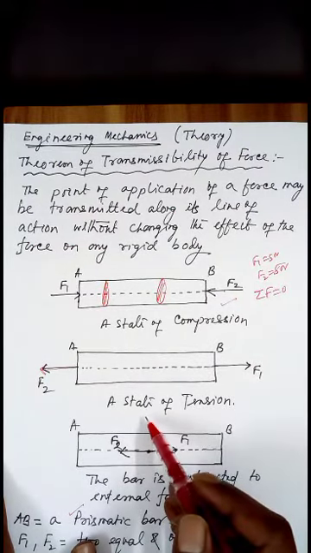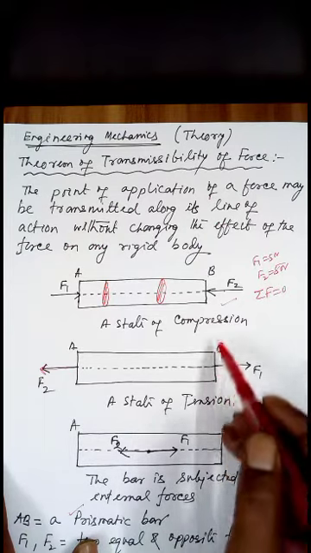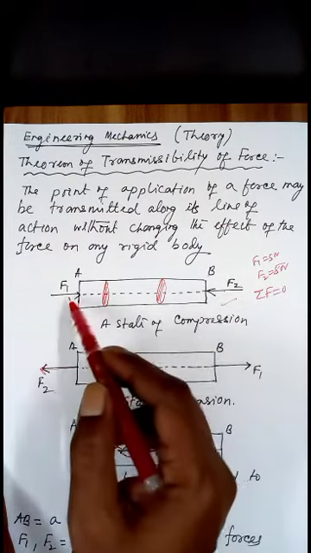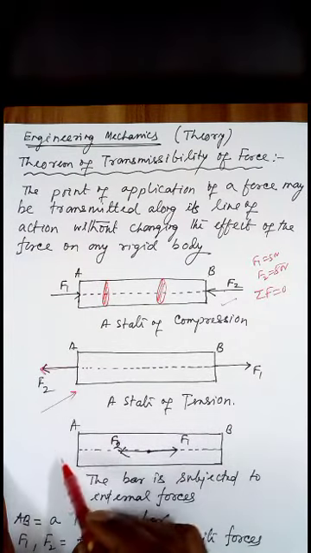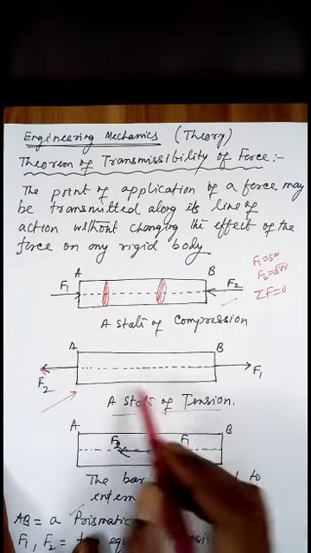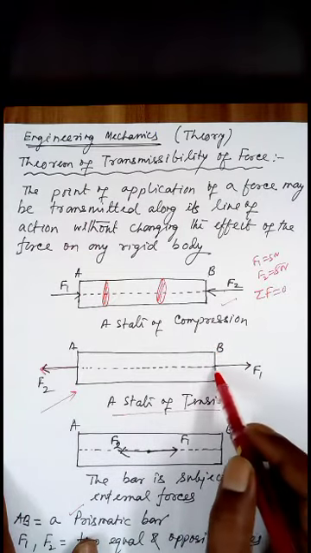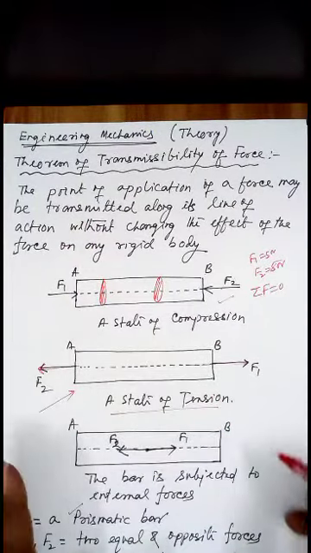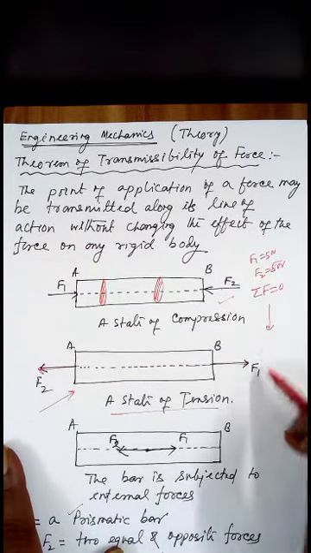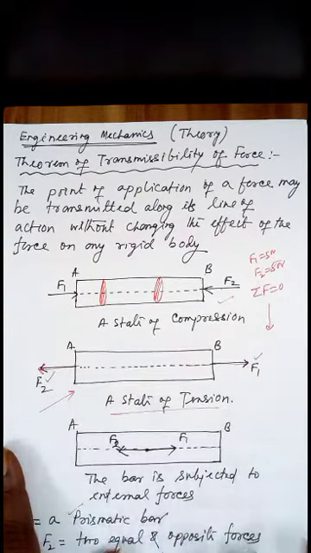Now in the second case, by transmitting the force F2 from this side to this side, and F1 from this side to this side, the situation is like this. It is a state of tension, means the same bar AB is pulled to both sides, so there is a tension, but equilibrium is still maintained because this is equal to this and they are opposite.